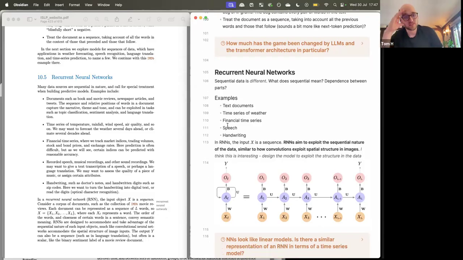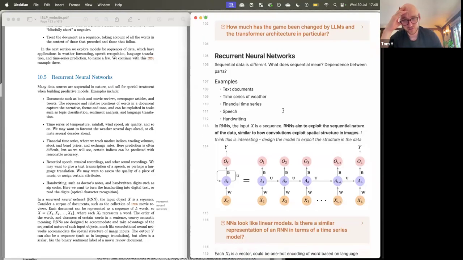Some examples of sequential data, like we just said, are text documents, any time series data like weather and financial time series, speech, and handwriting. What you've just written will affect what you're about to write, or the next character. In recurrent neural networks, the input is a sequence, and the architecture aims to exploit the sequential nature of the data, similar to how convolutions exploit spatial structure in images.